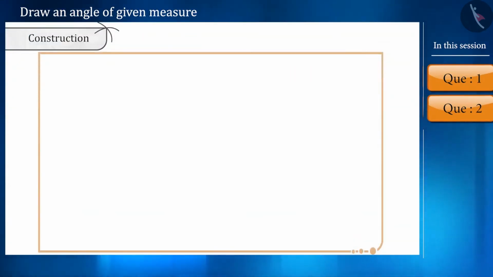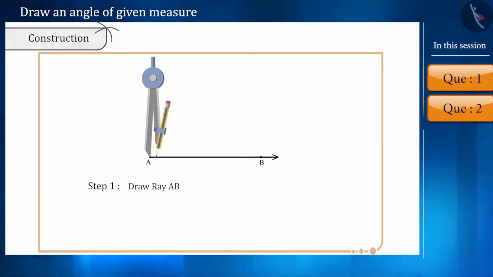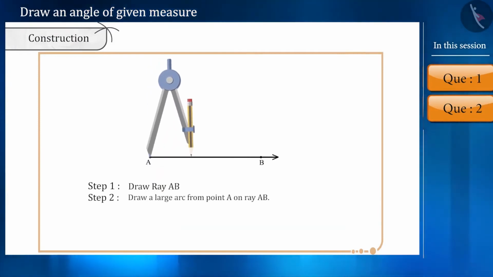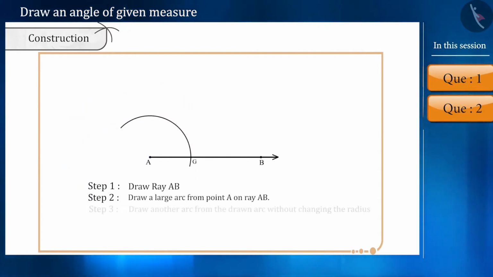Now we will see these steps in brief. Draw ray AB. With the help of a compass taking a radius, draw a large arc from the vertex A in such a way that it intersects the ray AB.